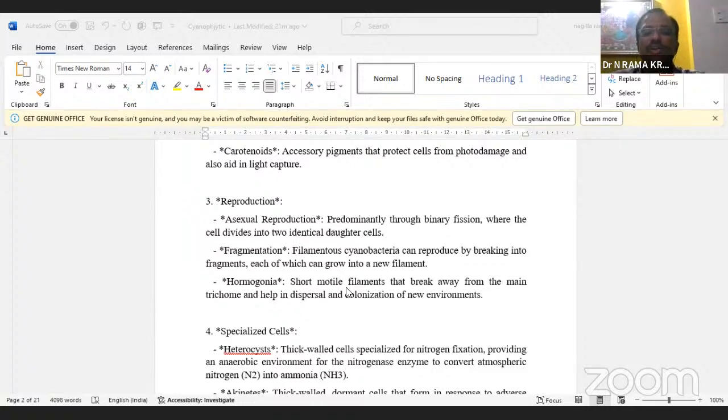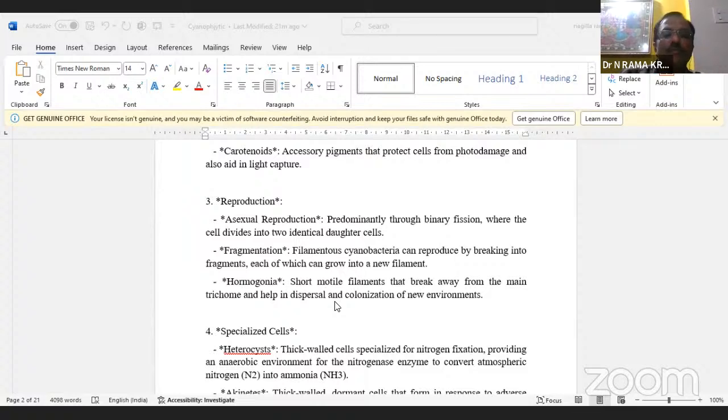You see here short motile filaments that break away from the main trichome to help the dispersal and colonization of new environments. Under unfavorable conditions, the entire body comes together in close association as one special type of structure. Particularly in cyanophytic algae, we call that hormogonia.